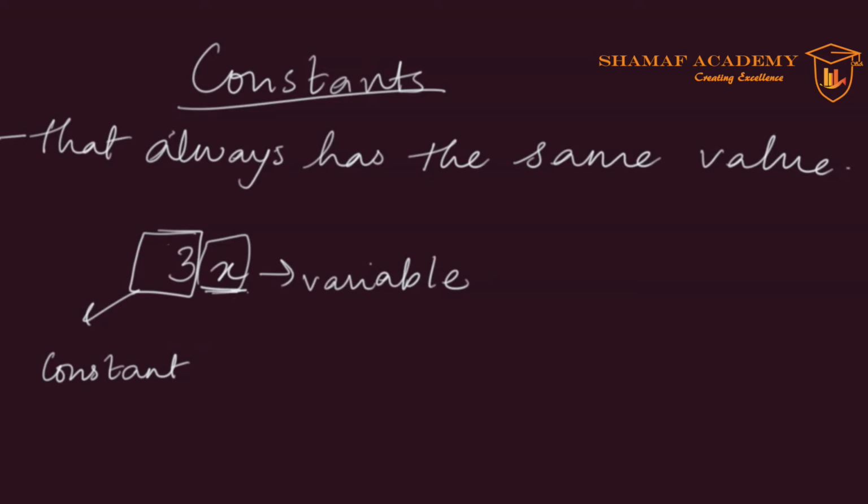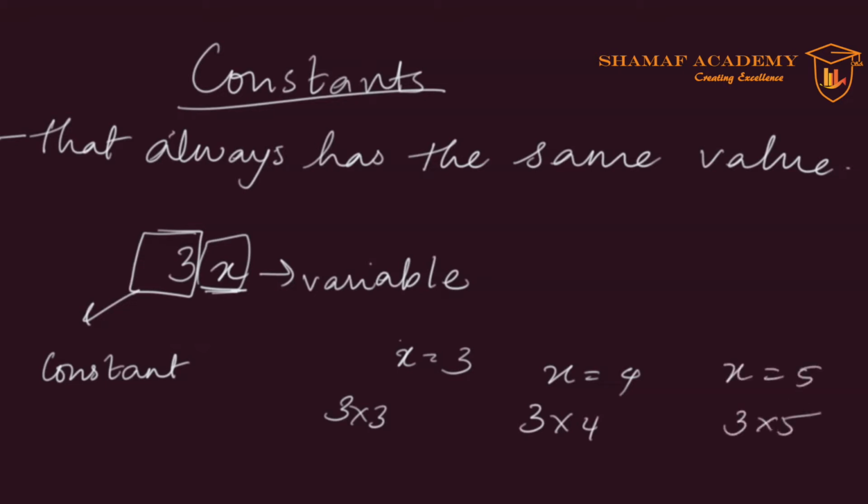Whatever the value of x is, if x is 3, we're just going to do 3 times 3. If x is 4, we're just going to do 3 times 4. If x is 5, we're just going to do 3 times 5 based on this expression right here. We are not changing the 3 here, right?